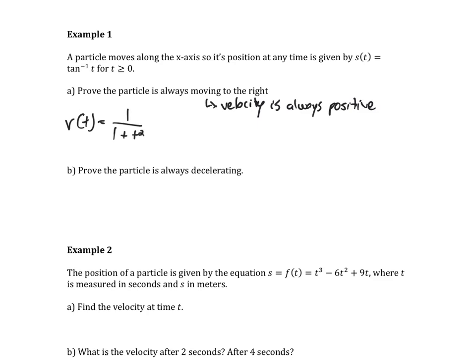Of course, you all remember the derivative of inverse tangent. Now it says prove that the particle is always moving to the right. If you look at that function, is there any way we can plug in a value for t, when t is greater than 0, and have that function be negative? No, you're squaring t and then adding 1 to it, so there's no way you can make velocity negative.